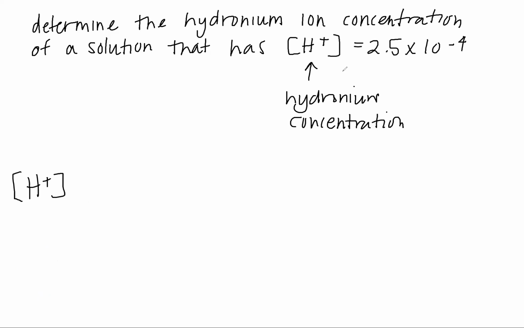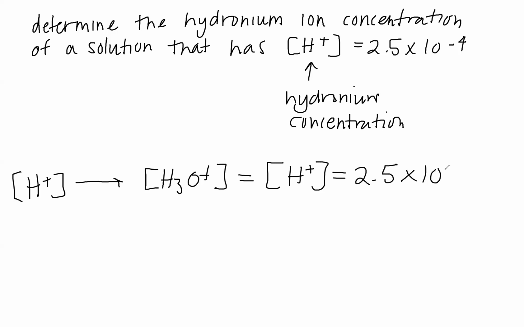If we gave you the hydronium concentration is equal to 2.5 times 10 to the negative 4th, we know that H3O plus equals H plus, which equals 2.5 times 10 to the negative 4th. If he already gives you that, that is the answer. There's no solving here. You might see something like that, and I just want to prepare you. Determine the hydronium concentration of a solution that already has this many hydroniums. Well, you figured it out. There's no solving here.